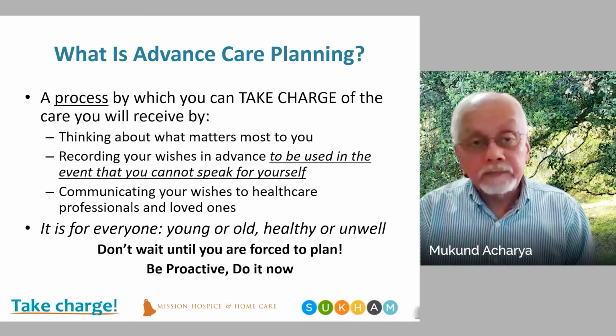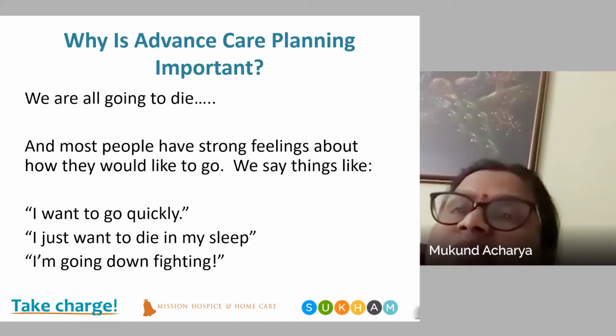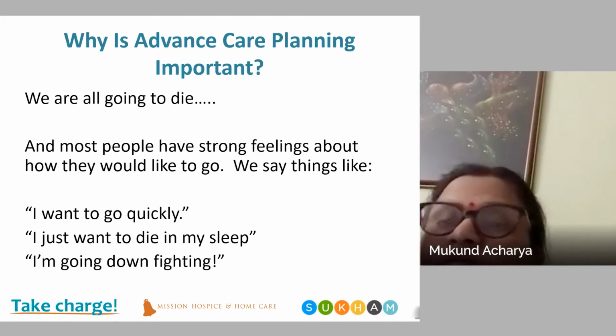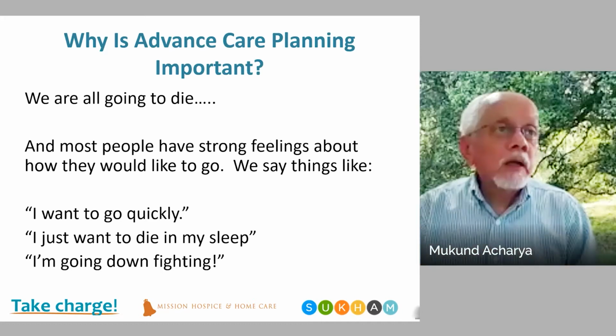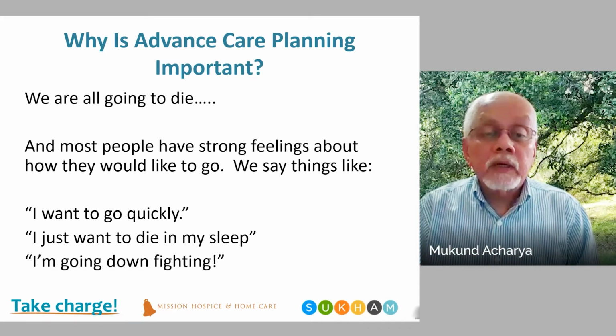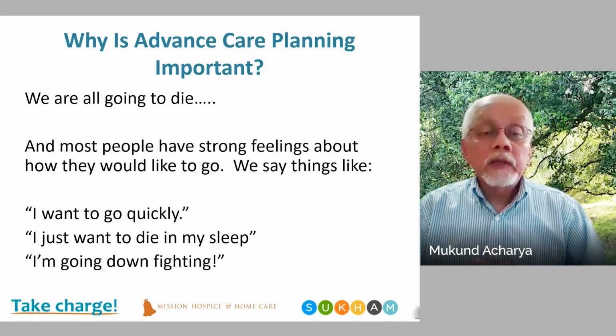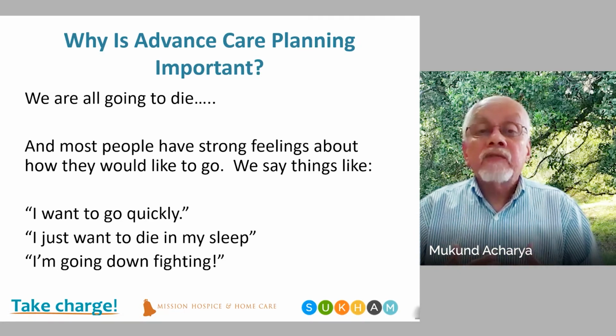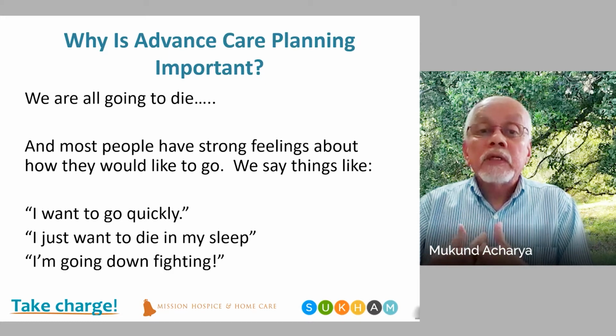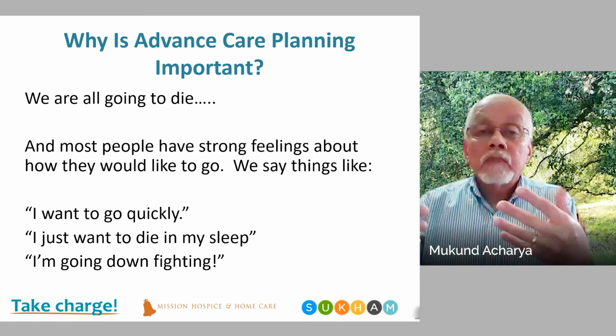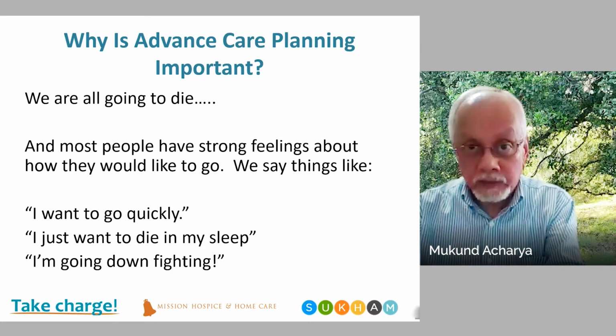It's for everybody. So advanced care planning is similar to a will, or is this a little different? That's a good question. We'll talk about that. A will is something that defines how you will leave your possessions to other people when you pass away.